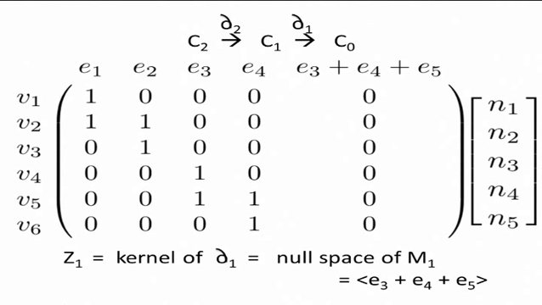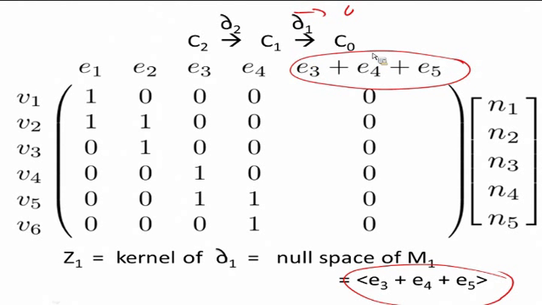We can also see that our null space is going to be generated by the things that go to 0, which will be generated by this element right here. This was the term that corresponded to what got sent to 0.